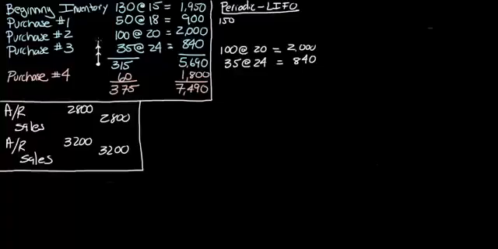Okay, so I've now assumed that I've sold 135. I need another 15 more, and I'm going to pull that from this $18 layer. Okay, and that's 270. So if I look at it from this approach, I'm going to calculate my cost of goods sold as 3,110.